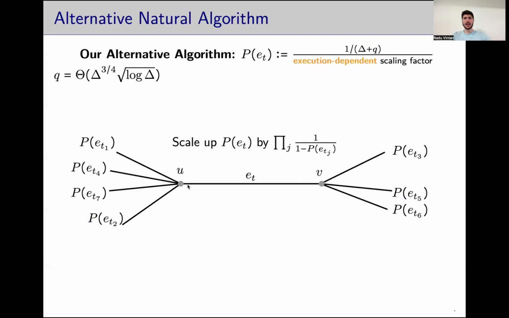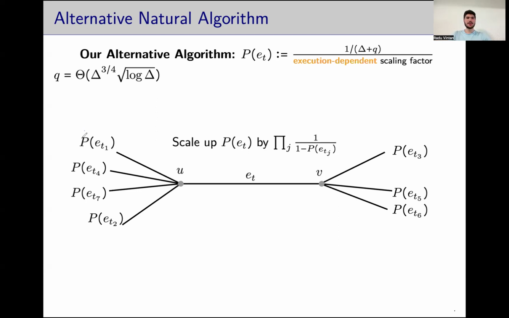Let's say that we get an edge E_t connecting U and V. And let's assume that U and V are free, because otherwise this edge cannot be matched and there's nothing to be done. So what our algorithm will do is the following. It will go into the past and consider all edges incident at U and V. So for example, it looks at edge E_t1 and it asks the question, what probability did I use to match this edge E_t1 in the past?